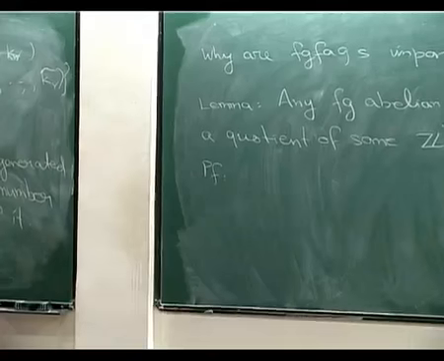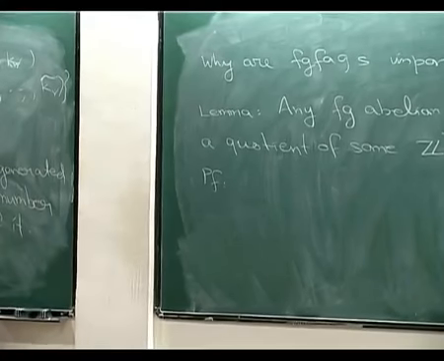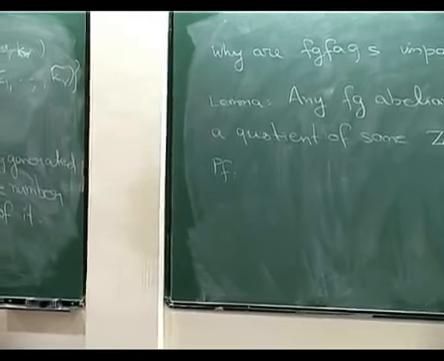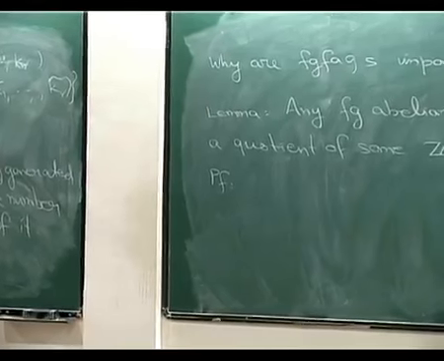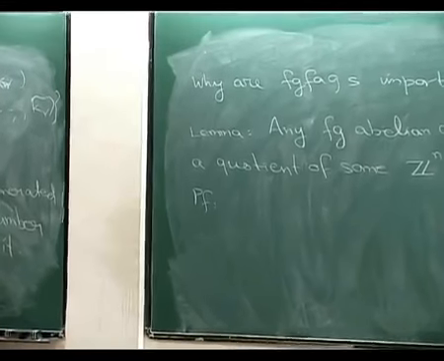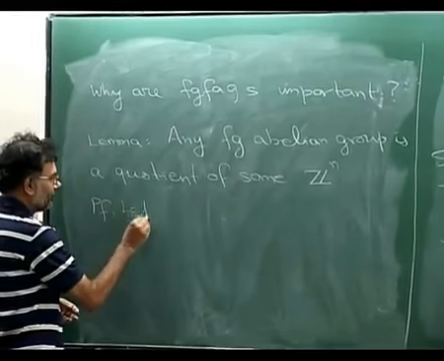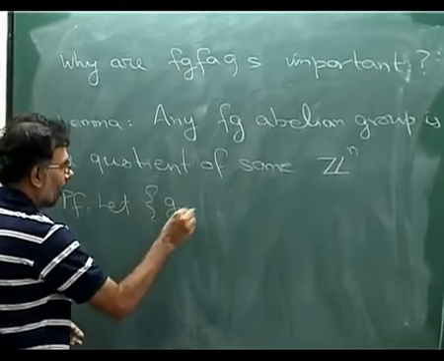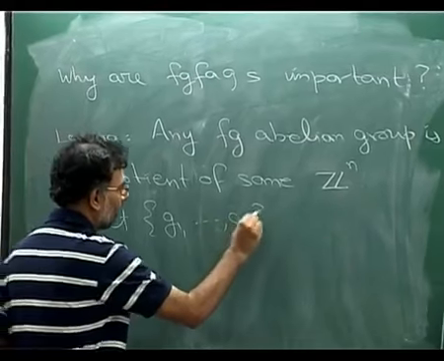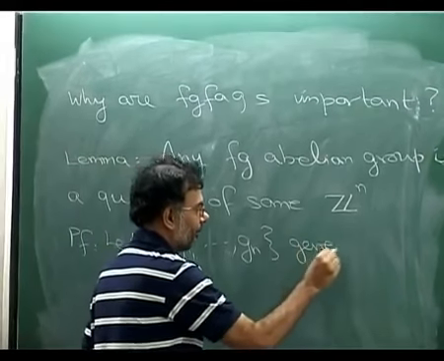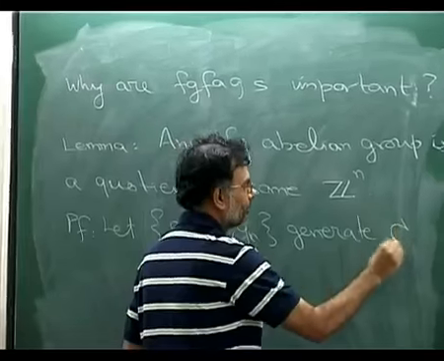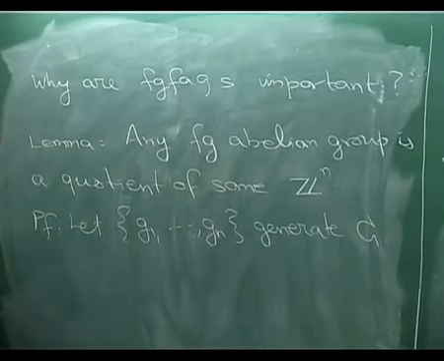What does it mean? I want to show it's a quotient of some Zn. What do I know? I just have a finitely generated abelian group. That means I have a set of generators for it. So let G1 up to Gn be a set of generators for G. What does it mean to say that it generates G?